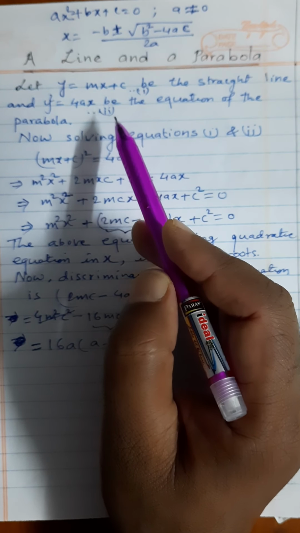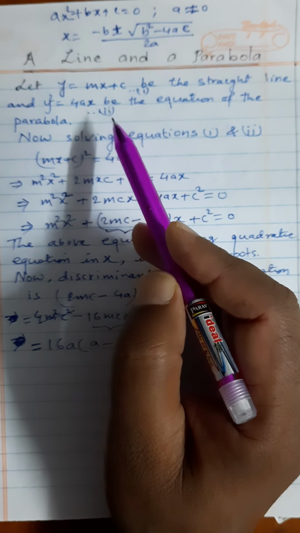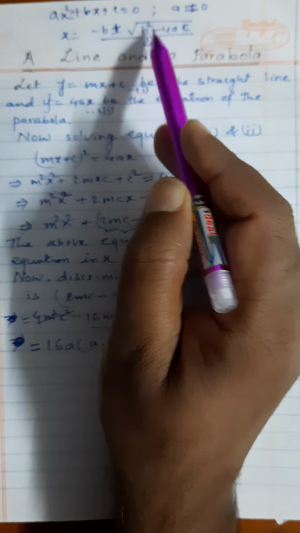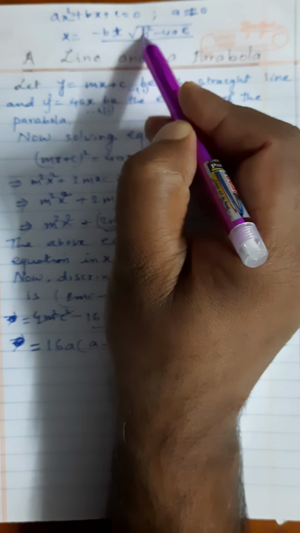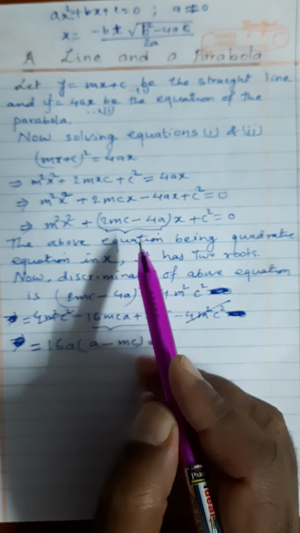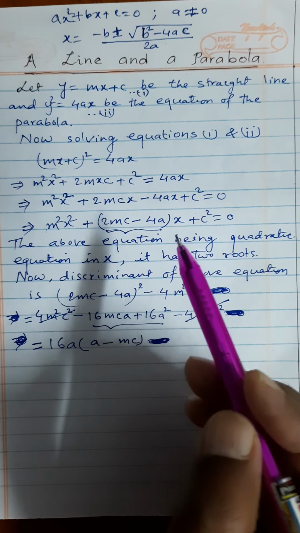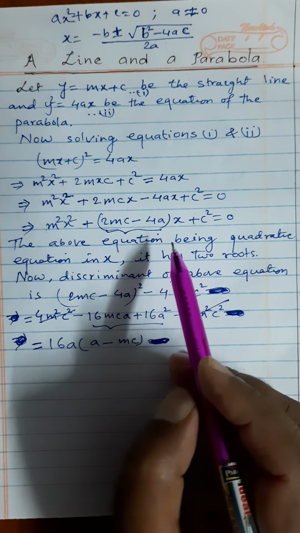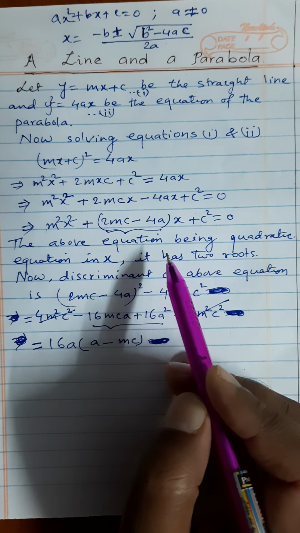If you have a clear concept, then there is no need to remember it by heart, because from this matter it will be quite clear when it will intersect in two different points.